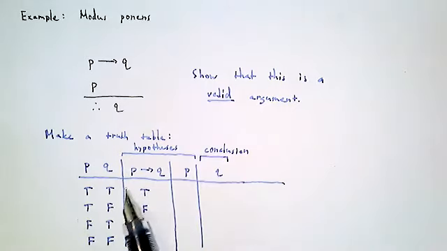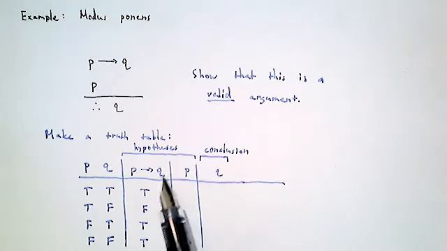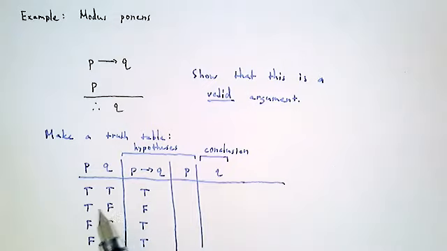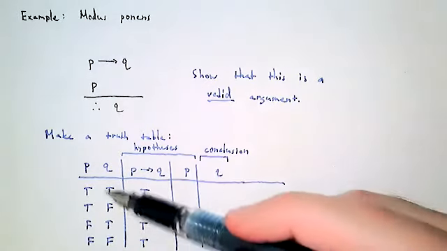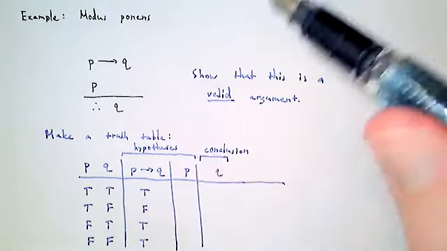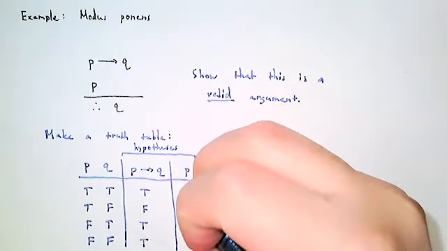The only false is where the hypothesis is true and the conclusion is false. And then we're going to fill in these two columns, and we'll just be copying on this particular example.